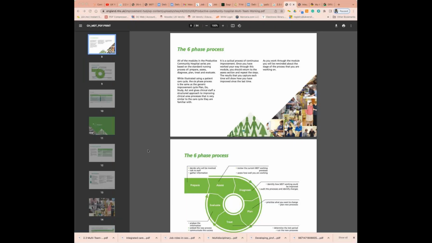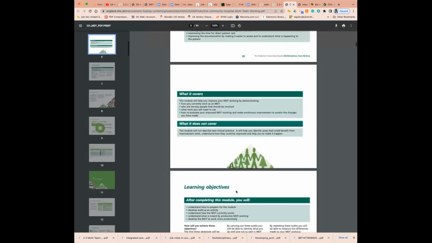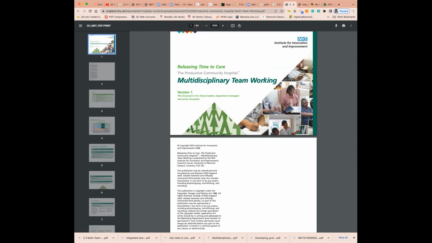I would encourage you to go through this in order to build your understanding. This article will also be put up on Moodle. I've taken the diagram from this article, and it says multidisciplinary team working.